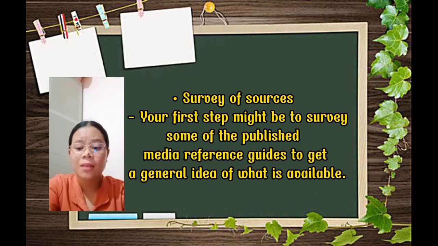Your first step might be to survey some of the published media reference guides to get a general idea of what is available. The decision about whether to use a particular piece of instructional material depends on several factors. Recent research confirms the criticality of certain criteria in the appraisal of materials. Among the questions to be asked about each specific piece of media are the following.